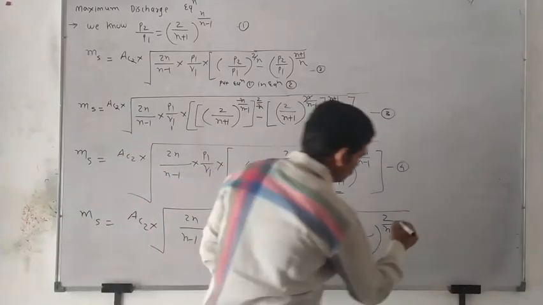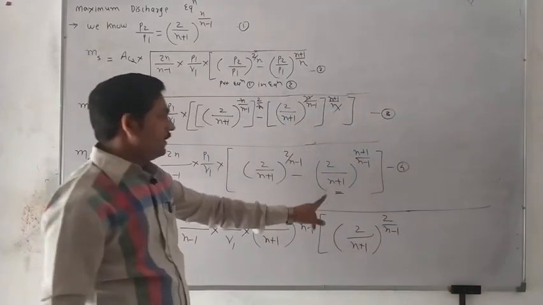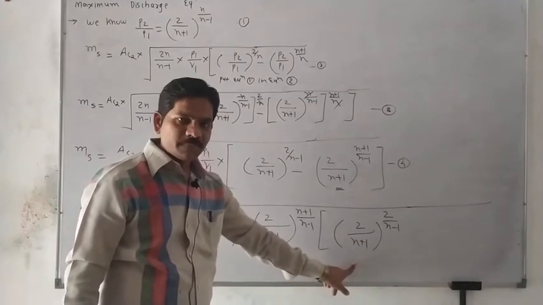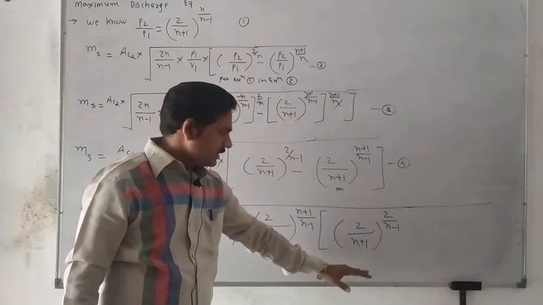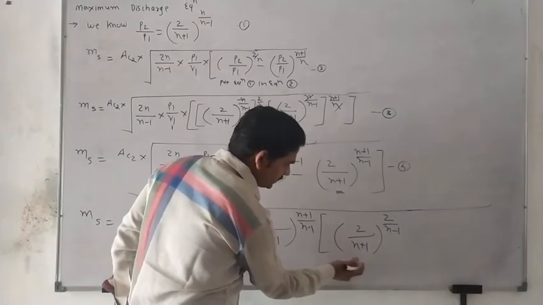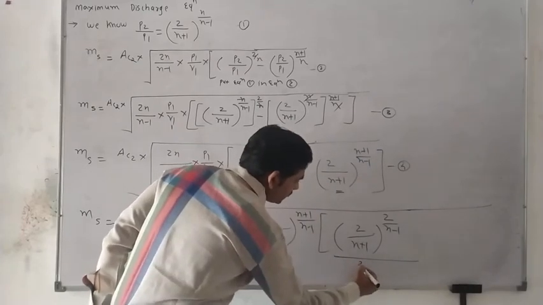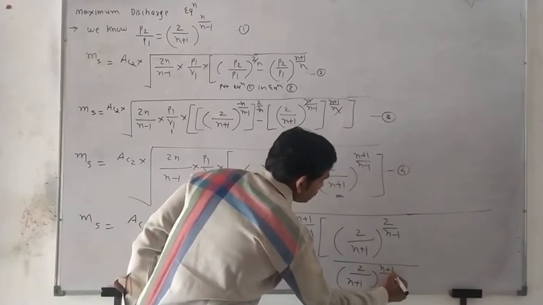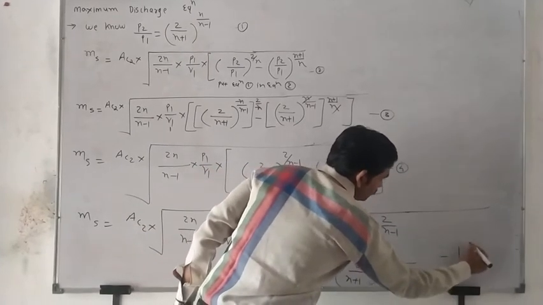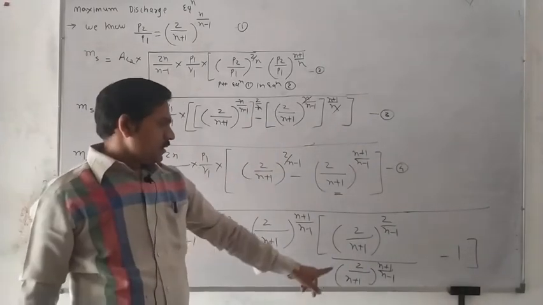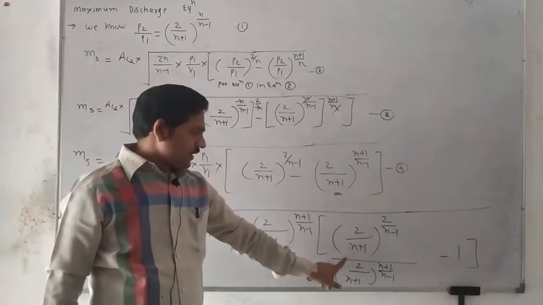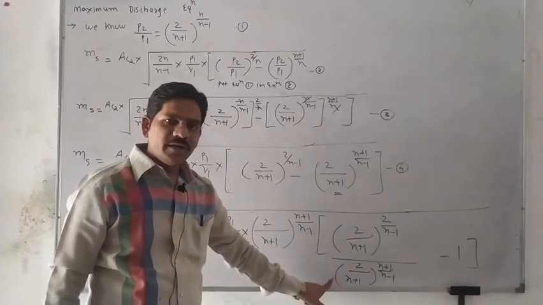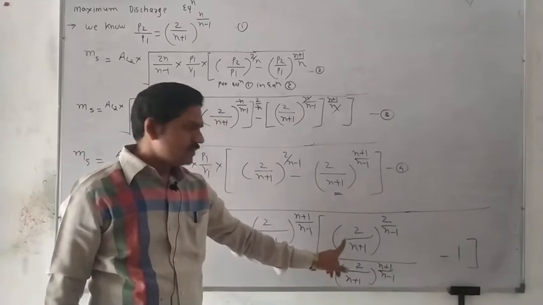Okay, you see here now. When you take this term common, this term is divided with this expression. After dividing this, I solve here directly, then you see here 2 upon n plus 1 to the power n plus 1 upon n minus 1, and this one will be here. So this term is divided here. When this term is divided, meaning this term is in the denominator, we have to shift the denominator to the numerator.